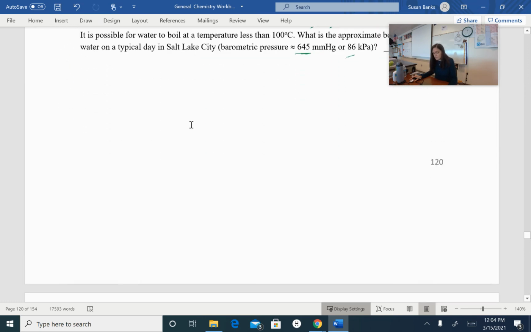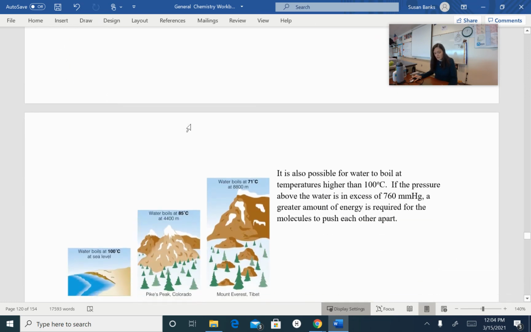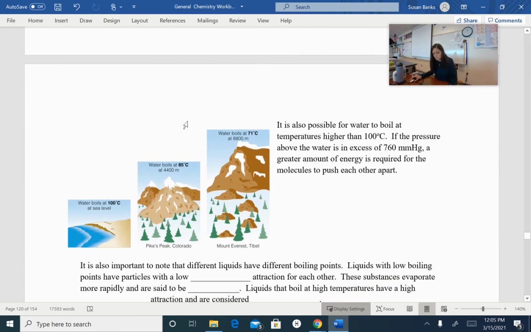So if I go even higher, my boiling point goes even lower because I have less atmospheric pressure. At sea level, at 1 atmosphere, my boiling point would be 100 degrees. But if I go to Pikes Peak, which is the tallest peak in Colorado, it goes down to about 85 degrees Celsius because we're at about 4,400 meters.